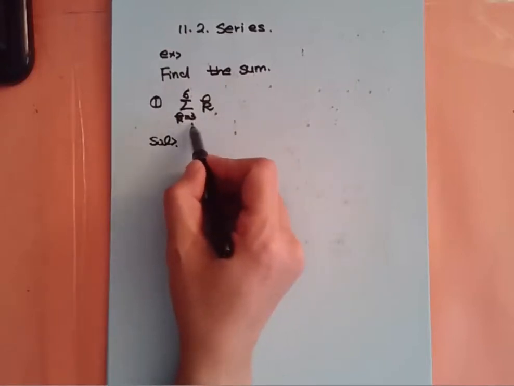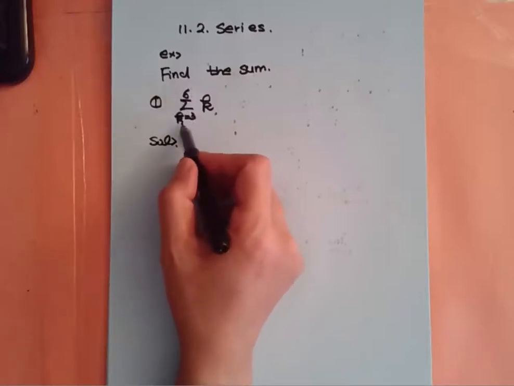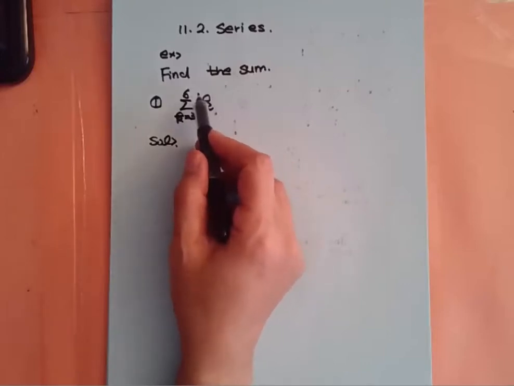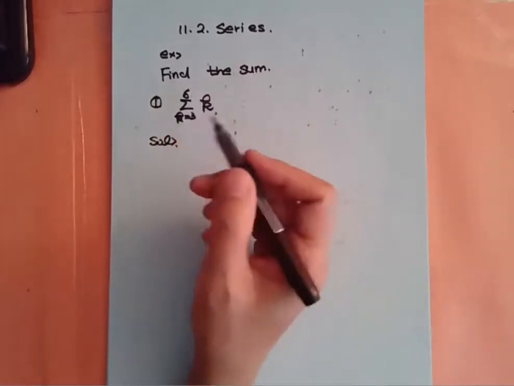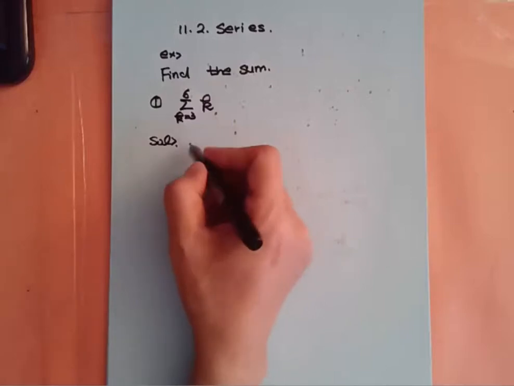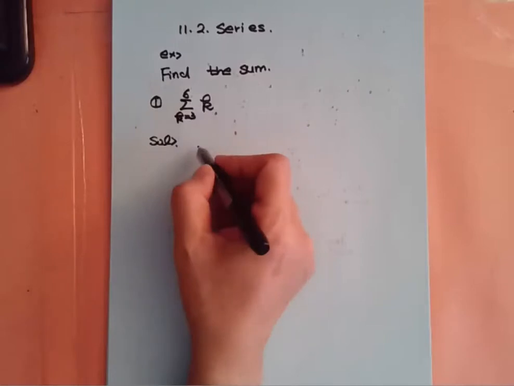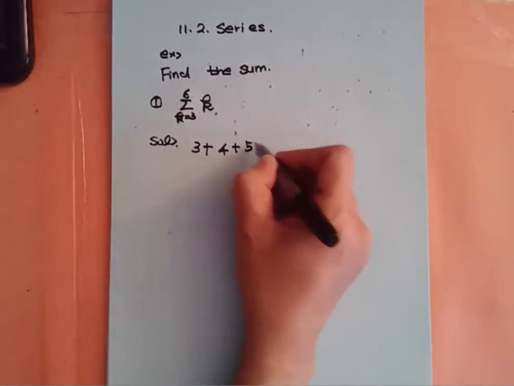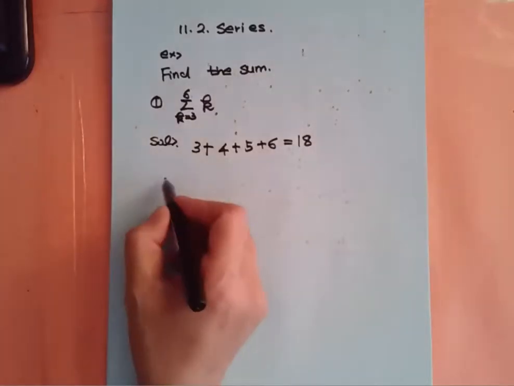This is the starting point, and this is the ending point. k starts from 3, and k becomes 4, 5, and when k becomes 6, we stop adding up. So in this case, this k and this k are identical, so it becomes 3 plus 4 plus 5 plus 6. That equals 18.